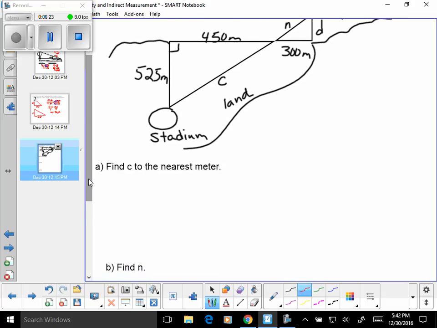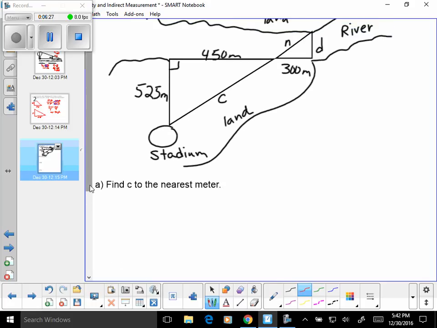Okay, first of all, they want us to find C. Now if you look at the diagrams, the 300 corresponds with the 450. Here's the right angle.